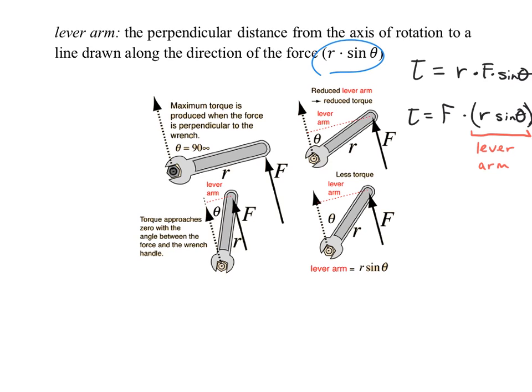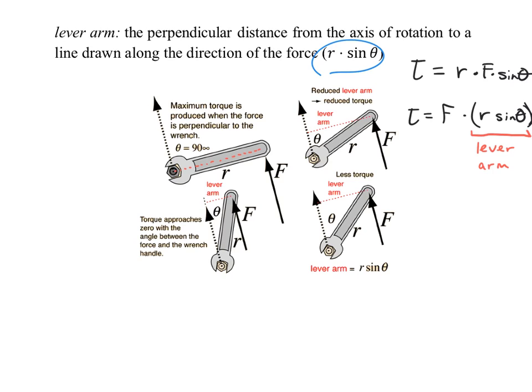Now, what is R sine theta, though? R sine theta is the dotted red line in the diagram. So take a look at these four diagrams. There is no dotted red line here, but here's the dotted red line in this one. That's the dotted red line in the first one.